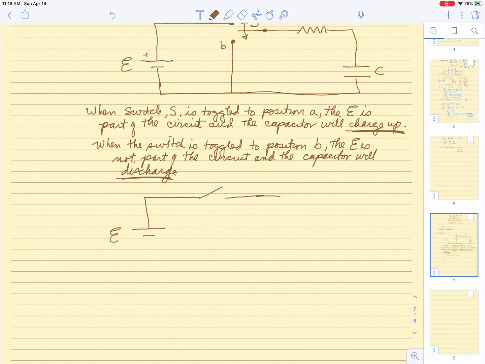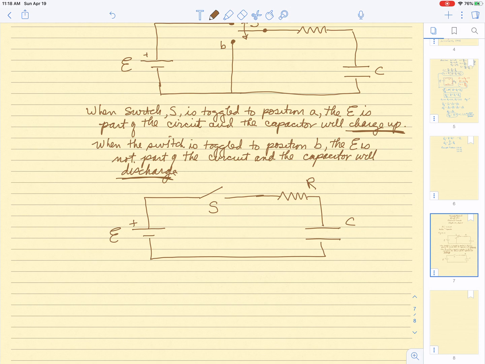So we're going to have our resistor, our capacitor in series. Resistor, capacitor. We're going to have a switch here. So before we close the switch, there's no charge on the capacitor, obviously no current in the circuit.